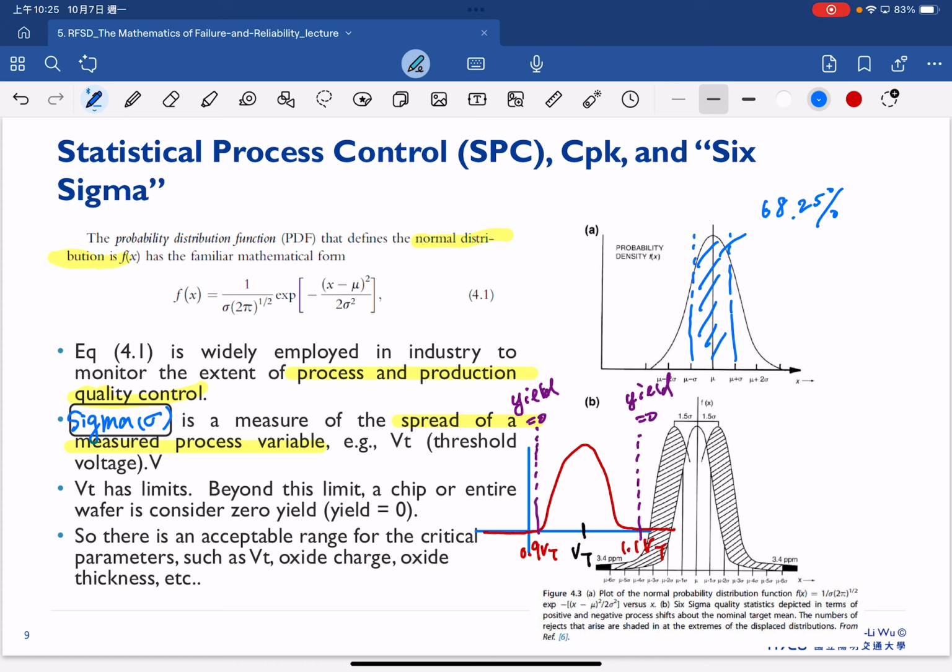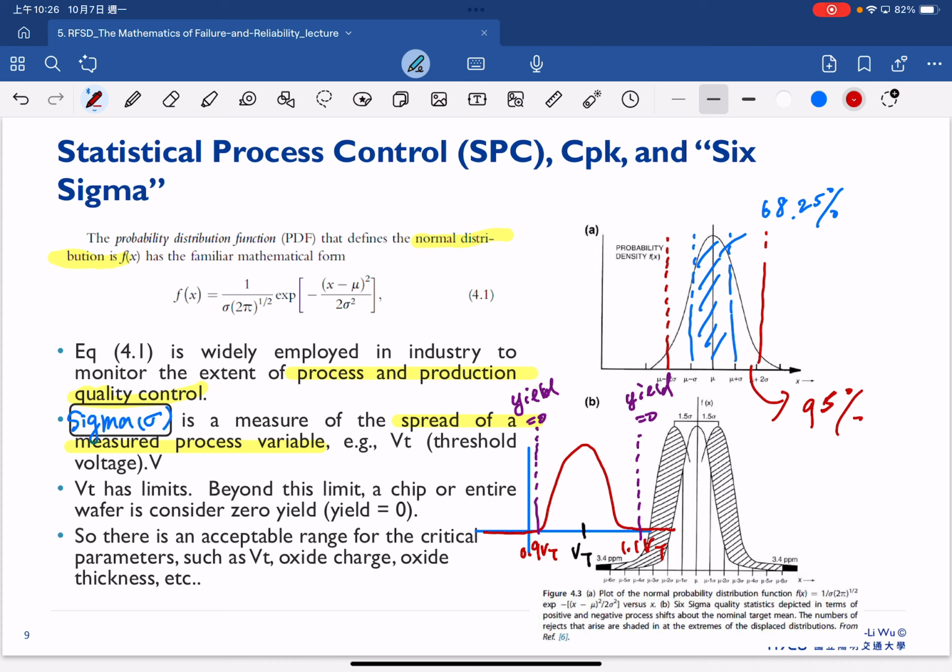And considering 2 sigma, we have almost 95% compared to all of your product here.